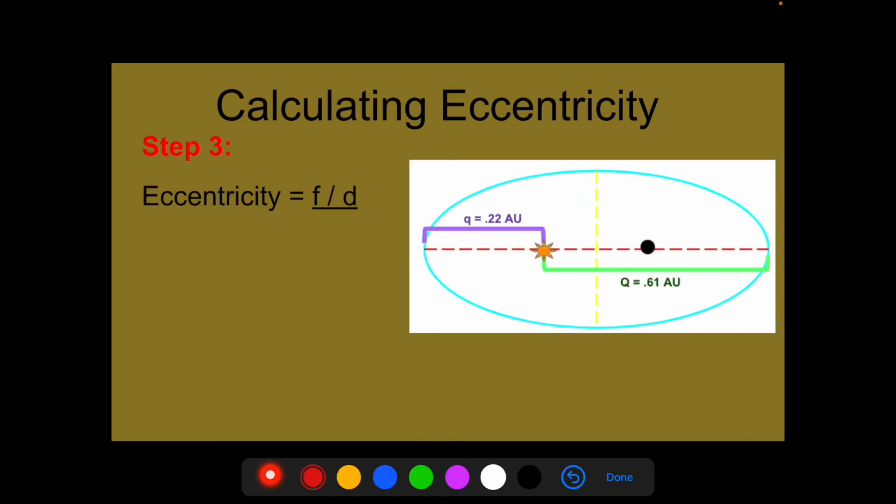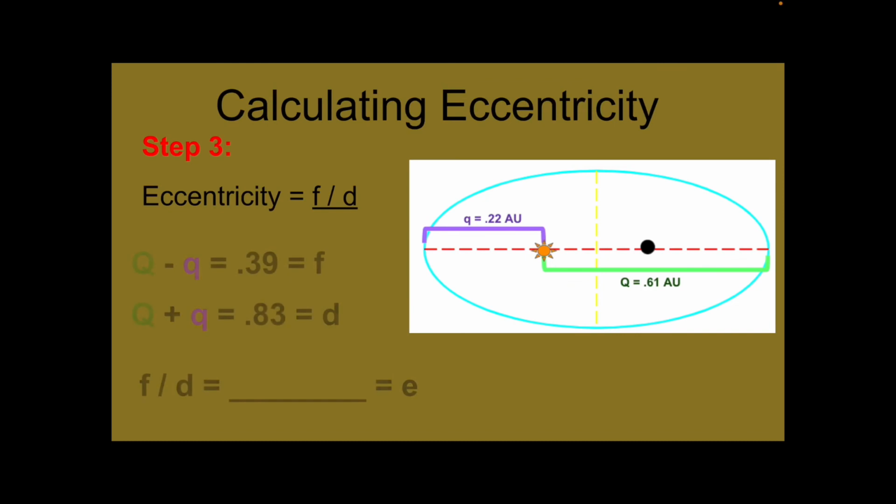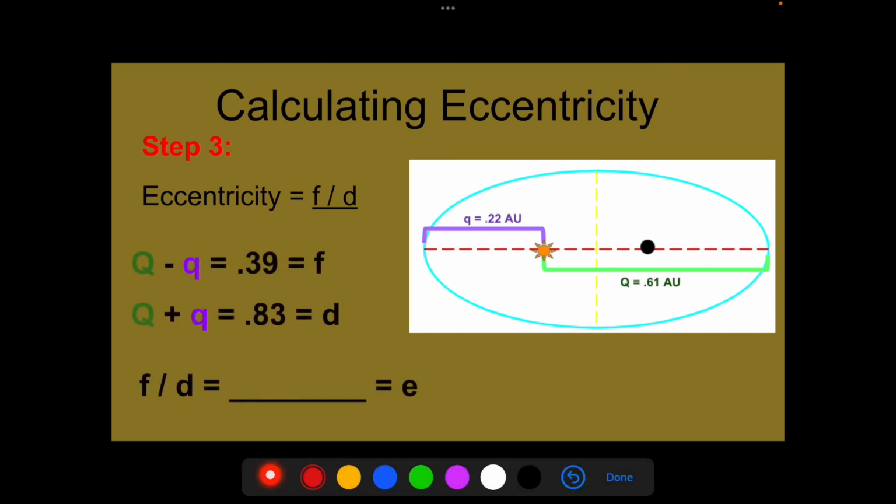Now we know that eccentricity is F over D. So if we take 0.39, which is our F, and divide it by 0.83, which is the D value, we get 0.470 as the eccentricity.